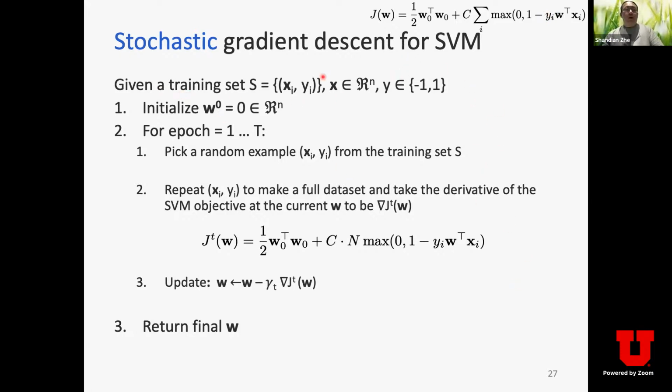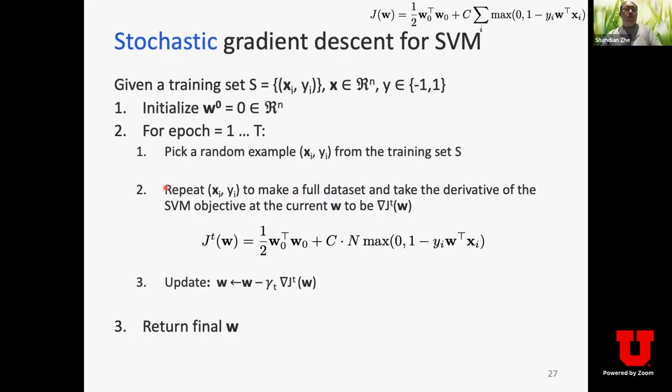Suppose we are given a set of training examples. We initialize our weight vector to be 0, though of course you can initialize with other values. Then we go over the training data set for many epochs. Here, the maximum number of epochs is a hyperparameter you need to choose according to your application. Inside each epoch, every time you randomly pick one example xi, yi from the training set.